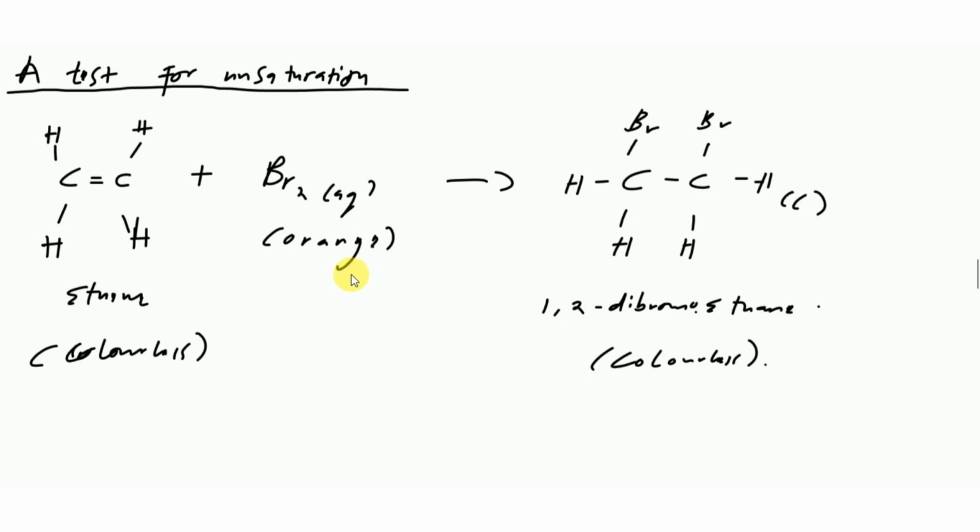But for example, if we use ethane instead of ethene, the solution is not going to turn colorless, and you're going to know that that compound is not an unsaturated hydrocarbon. But for the alkenes, since they turn into a colorless solution, that means that we have tested that these are unsaturated hydrocarbons.